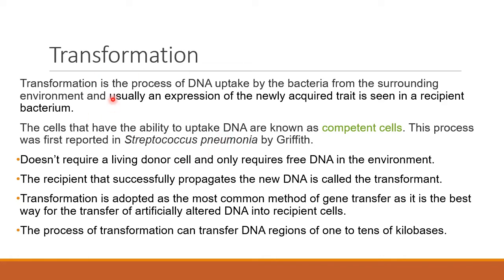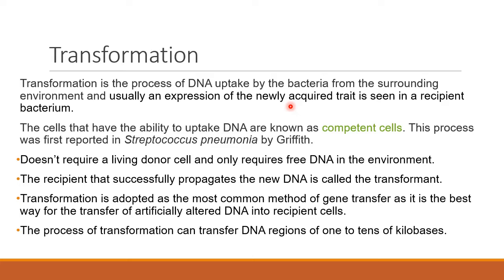Now about transformation. Transformation is the process of DNA uptake by bacteria from the surrounding environment, and usually an expression of a newly acquired trait is seen in a recipient bacteria.